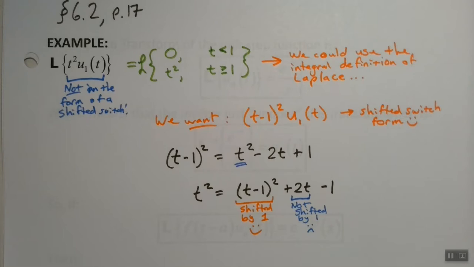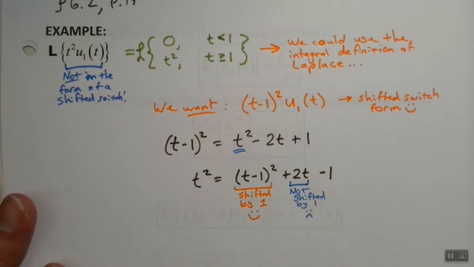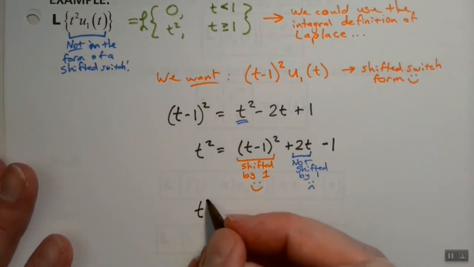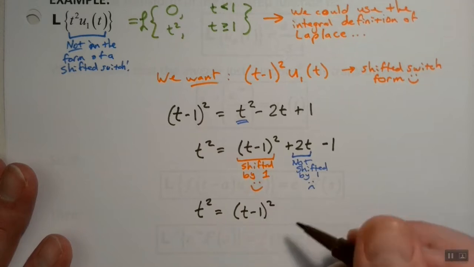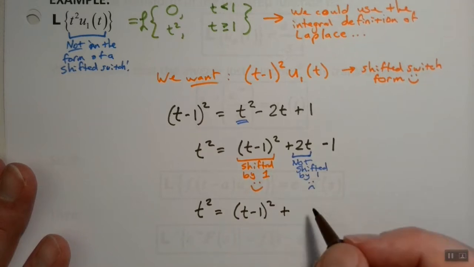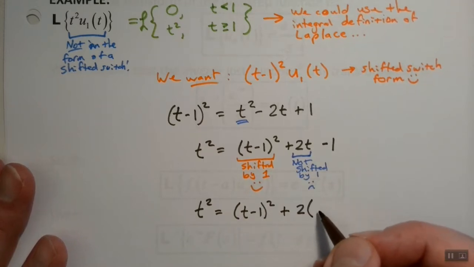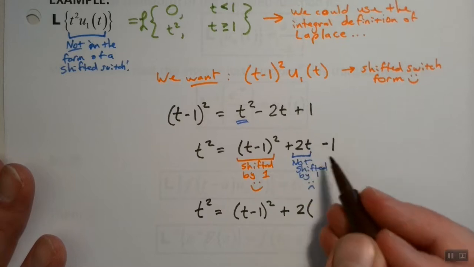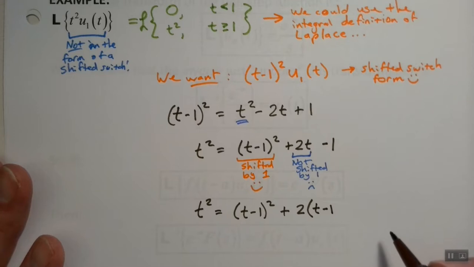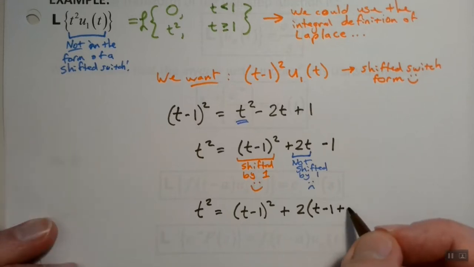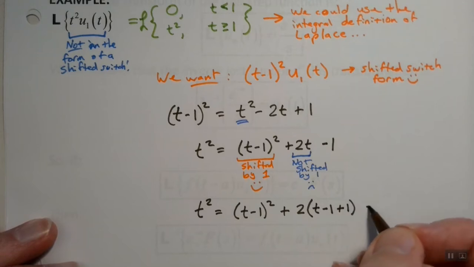But I can play a little game with algebra since we've been doing this all along. I'm going to keep going and say that t squared is just equal to my shifted t minus 1 quantity squared plus 2 times, and now inside here, instead of t, I'm going to make it t minus 1. But I can't just create minus 1 out of thin air, so I'm also going to make it plus 1 on the inside.